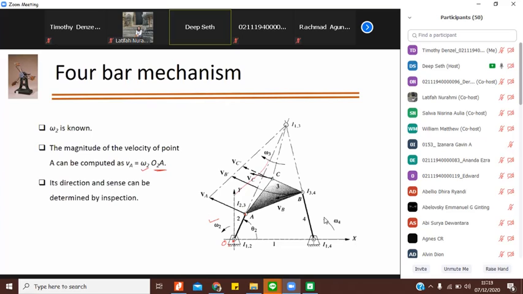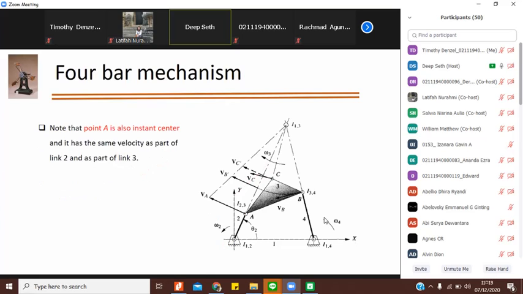Then its direction and sense can be determined by inspection. So note that point A is also an instant center, and it has the same velocity as part of the link 2 and part of the link 3. Okay. So at this point particularly you will have the same velocity which is shared by link 2 and link 3 as well.